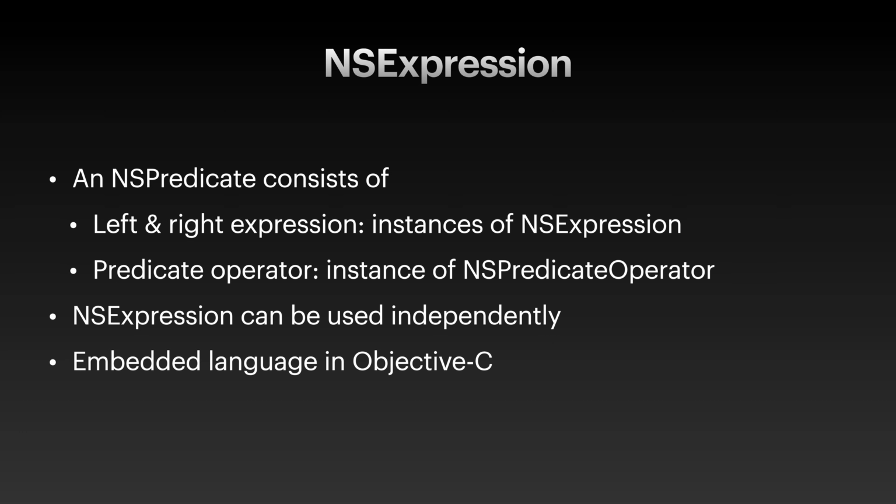Now here comes NSExpression. It can be an operand of an NSPredicate, but it can also be used independently. The syntax is exactly the same. It's like a language within a language.